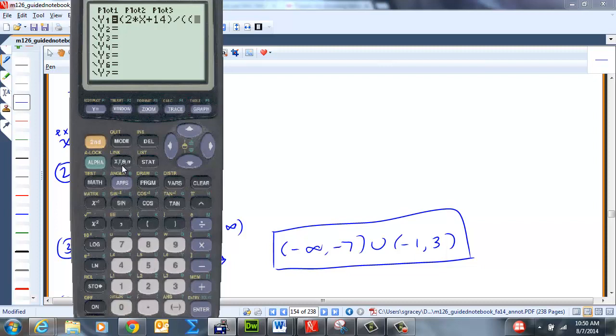So we had x plus 1 times x minus 3. Oops, I put that parentheses the wrong way. And then we have to put an ending parentheses at the end. Okay.